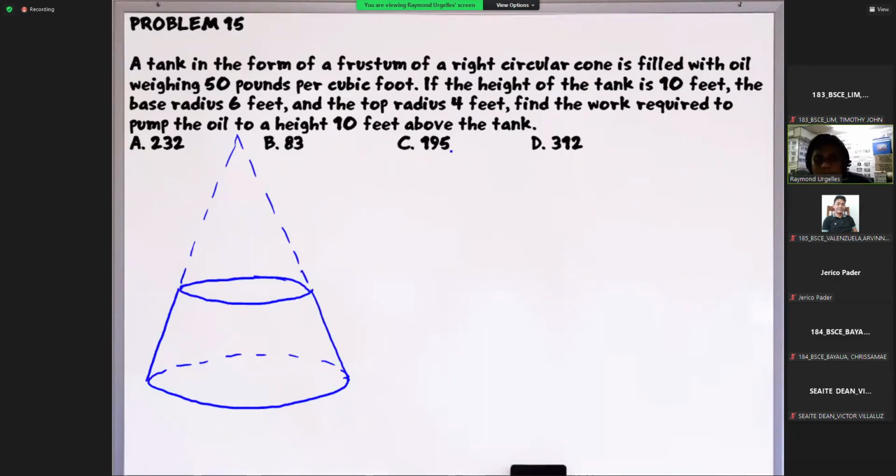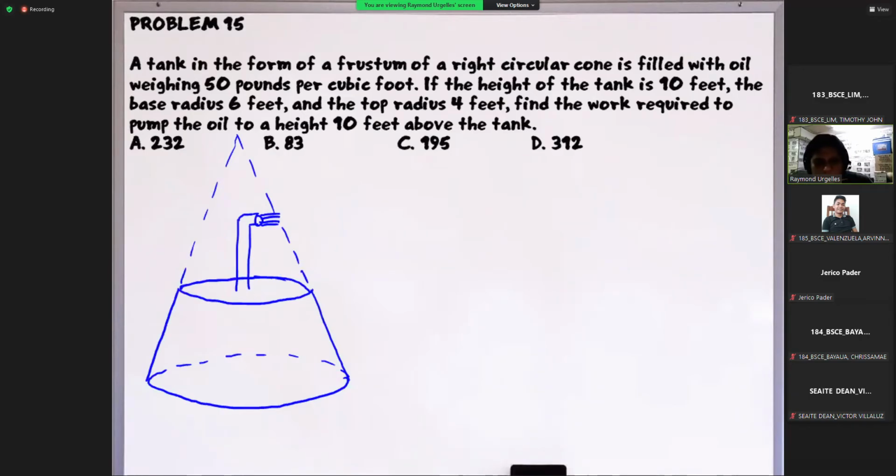Tapos yung gusto natin mangyari dito is ipapump natin yung oil to a height of 10 feet above the tank. So you can imagine na meron tayong pipe, and yung gusto natin mangyari is mapump out dito yung oil natin. So ganyan yung gusto natin mangyari dito sa problem.